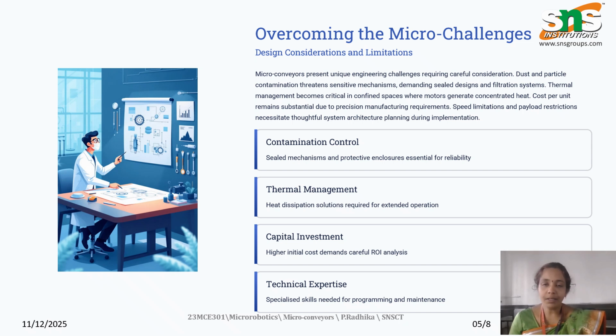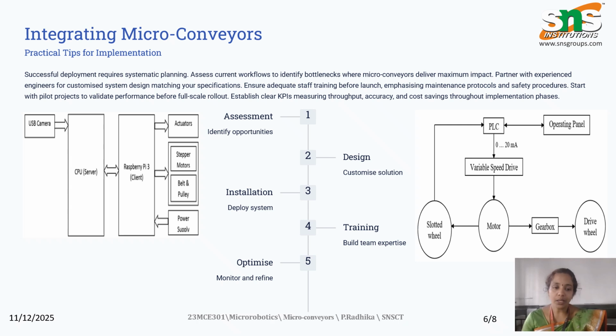While developing the micro conveyor and the micro robot, heat generation will be more in small elements. So if heat is more, then there are possibilities for the elements to get spoiled. So that is also there.